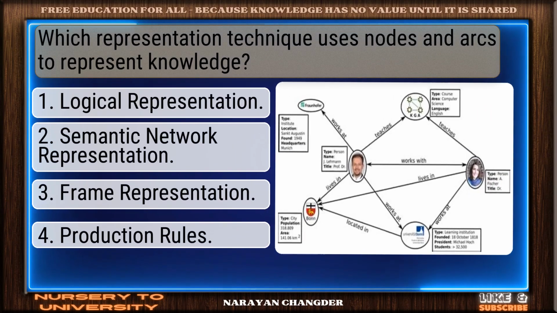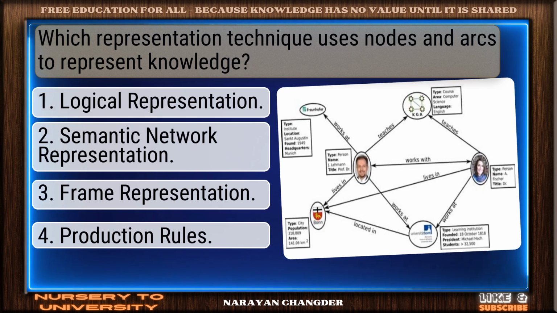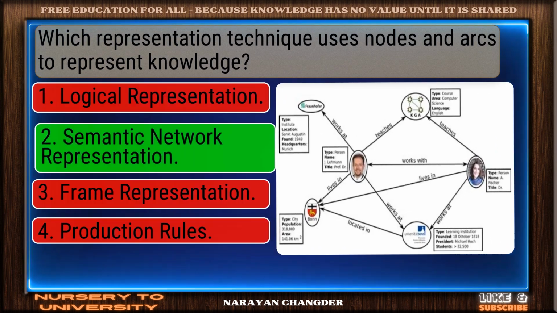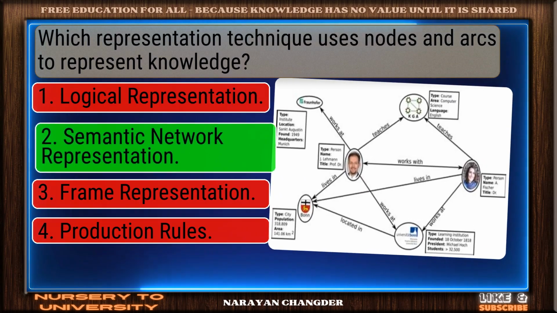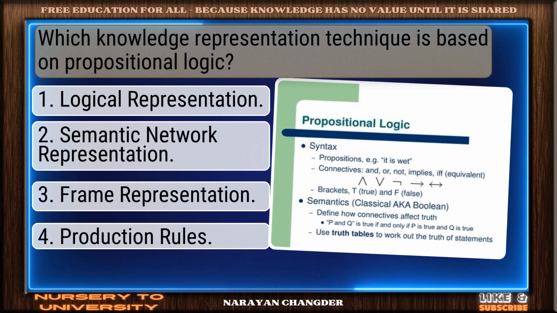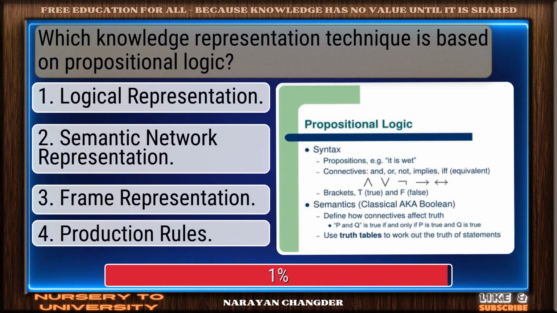Question number 8. Which representation technique uses nodes and arcs to represent knowledge? Bravo. Semantic network representation is the answer. Question number 9. Which knowledge representation technique is based on propositional logic?